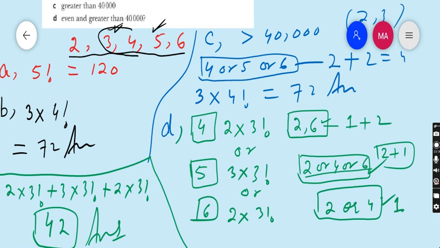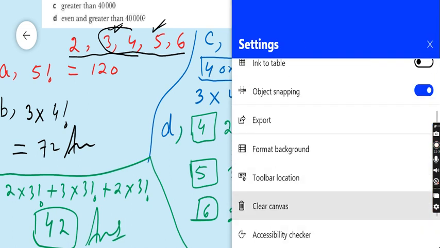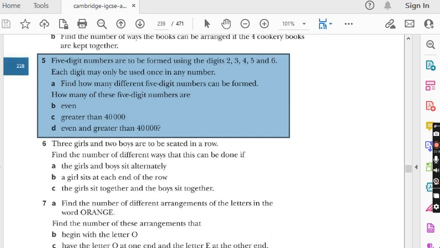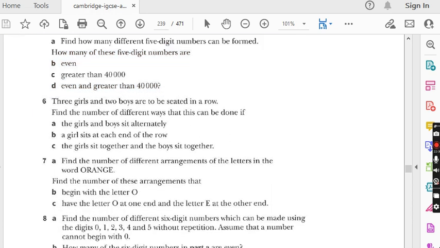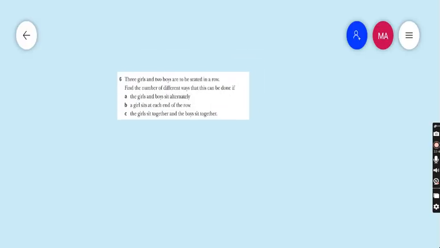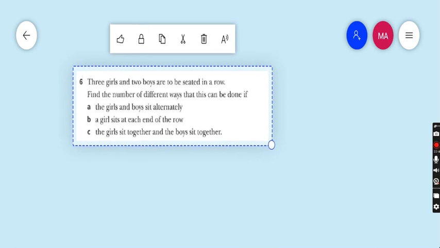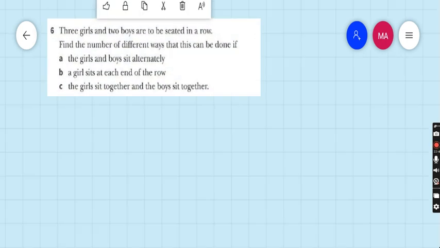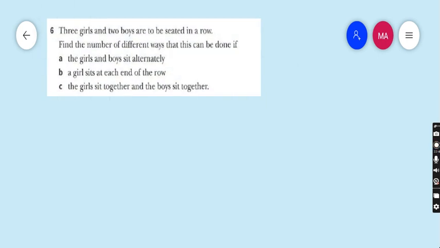Next question, number 6. Three girls and 2 boys are to be seated in a row.